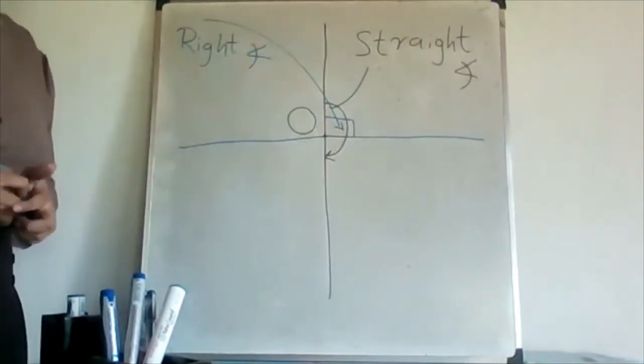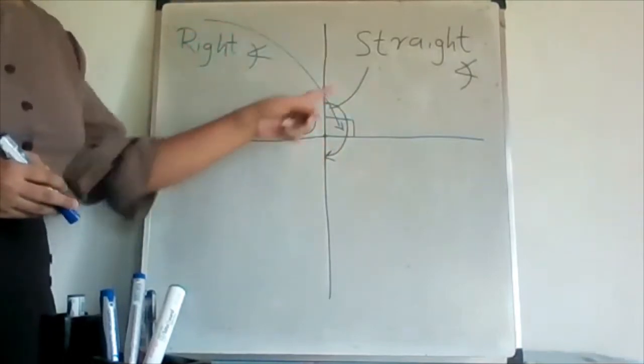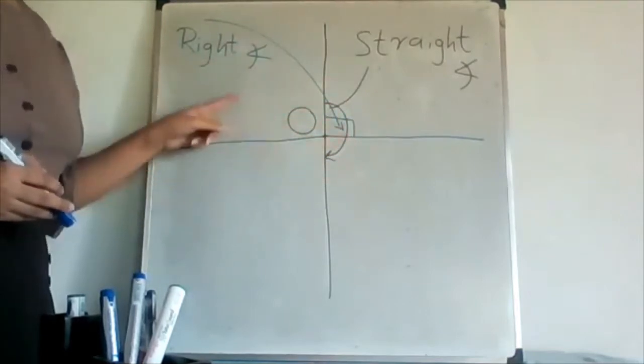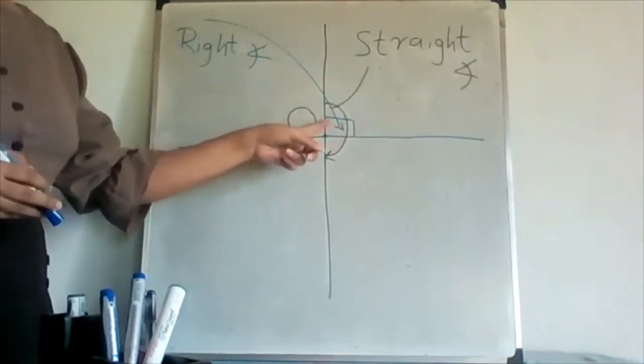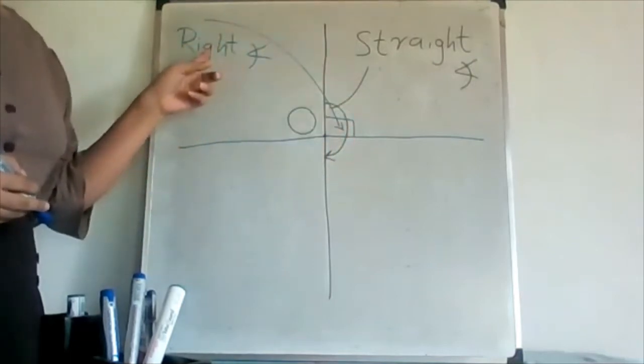If we divide a straight angle into two equal halves, one half can be called a right angle. And right angles are always denoted by this kind of square. So this is a right angle.